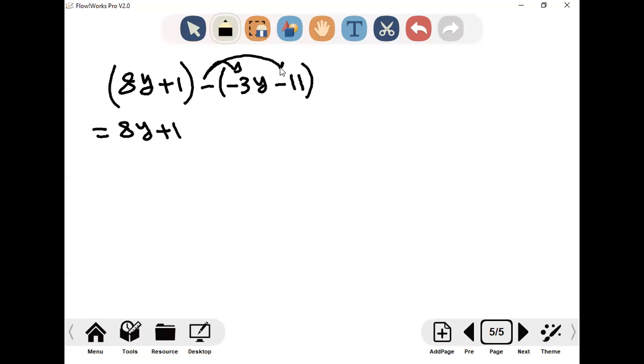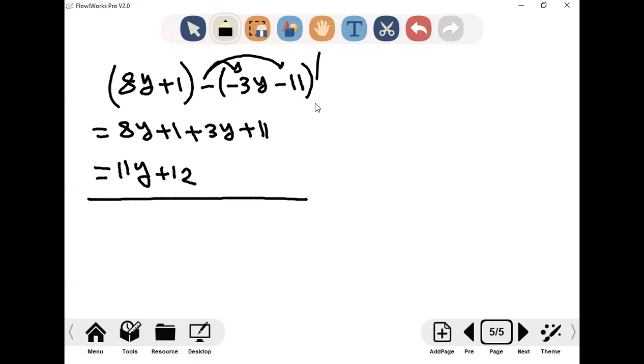We write positive 3y and positive 11. Then equal 11y plus 12. That's it. Done. Did we get the idea? Yes.